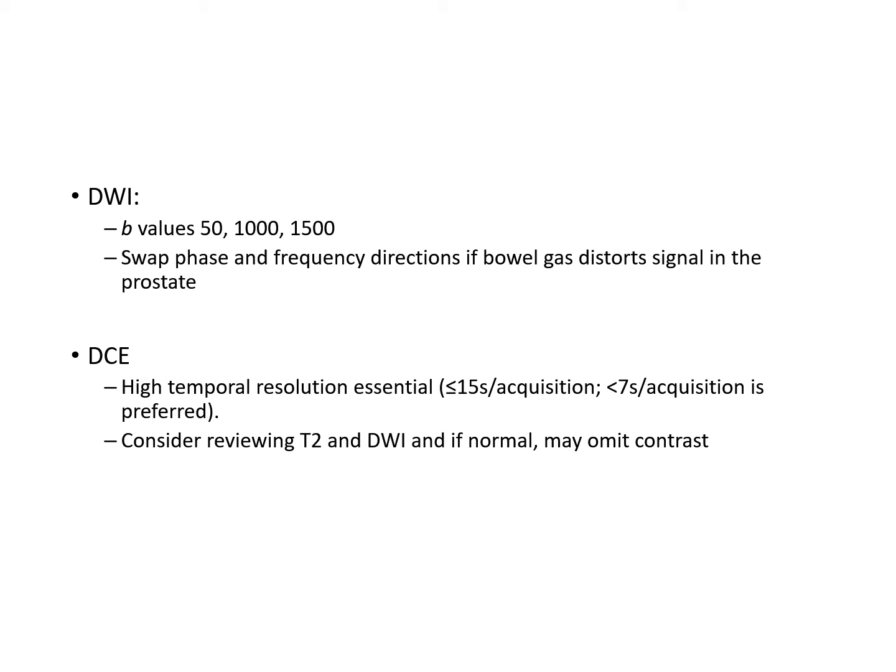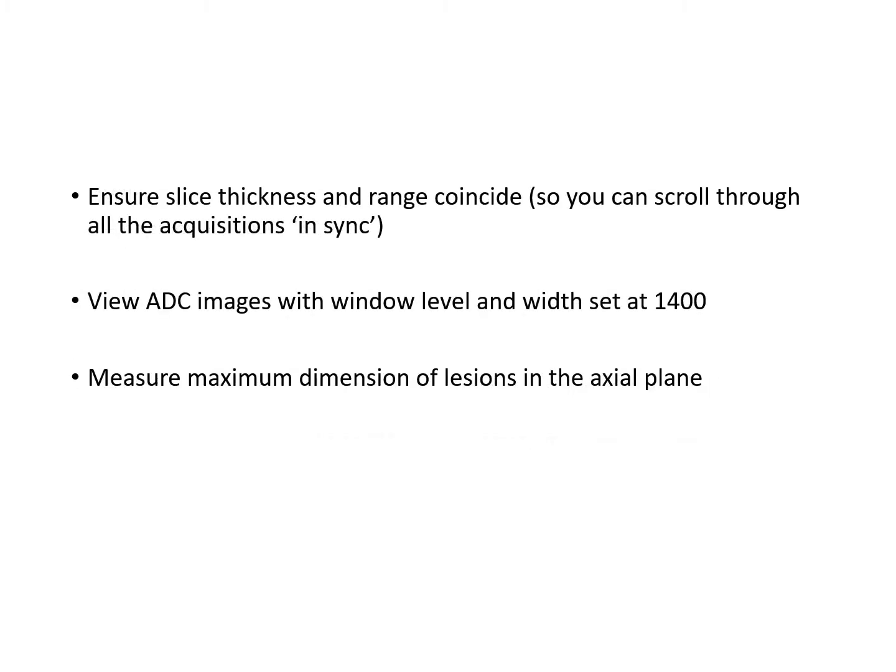Some people say the contrast is not always essential, so if the T2 and diffusion weighted images look perfectly fine, you may be able to miss out the contrast enhanced images. When you do this study, ideally the slice thickness and range and everything should be in sync.